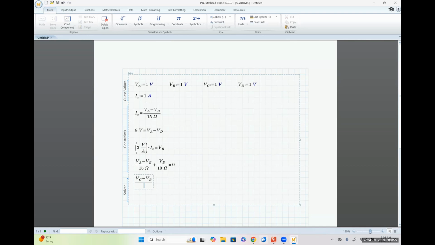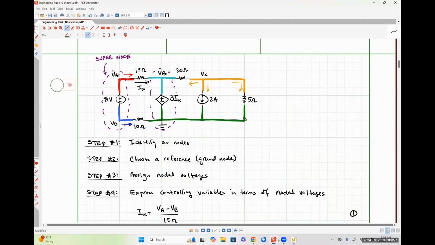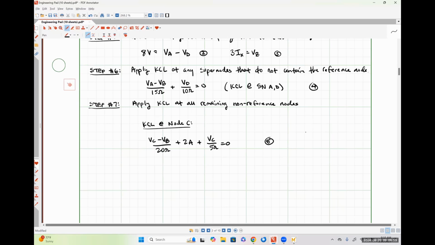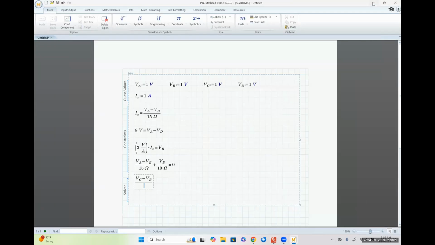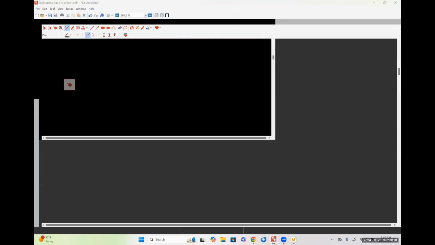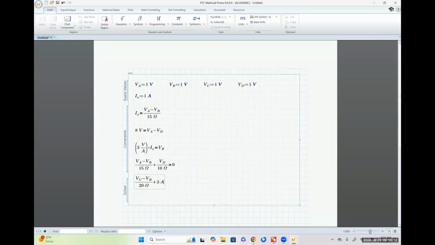Let me just look. Over 20 ohms, okay. Plus 2 amps and then just VC over 5 ohms. Was it 2 amps? Sorry, I have the memory of a goldfish apparently. It was indeed 2 amps, great. Plus VC over 5 ohms is equal to 0. Control equal to 0. There we go.